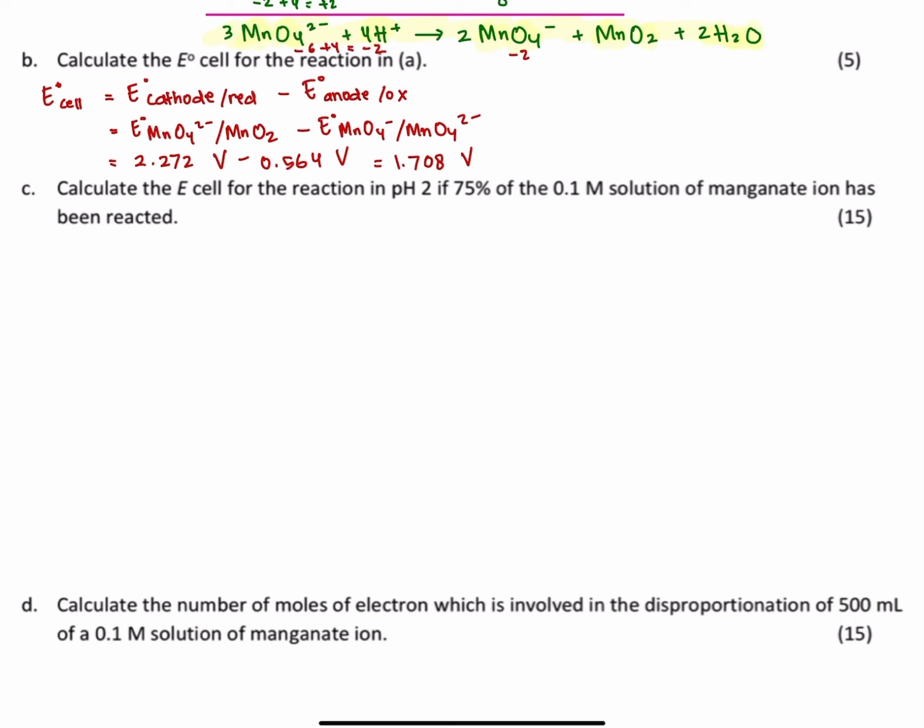Calculate the E cell for the reaction in pH 2 if 75% of the 0.1 molar solution of manganese ion has been reacted. So for this, we are focusing on the total reaction. To make it clear, I'm going to write it down, the total reaction that we have already balanced before.